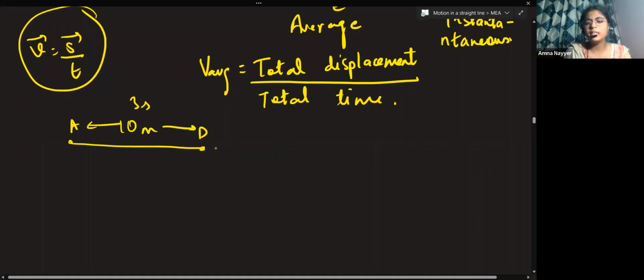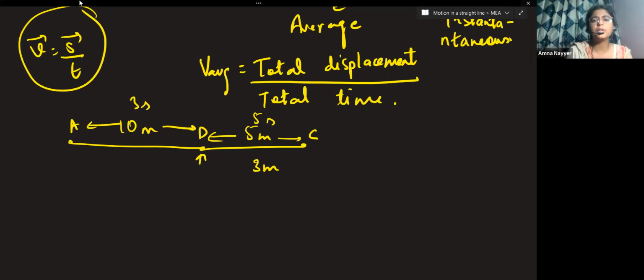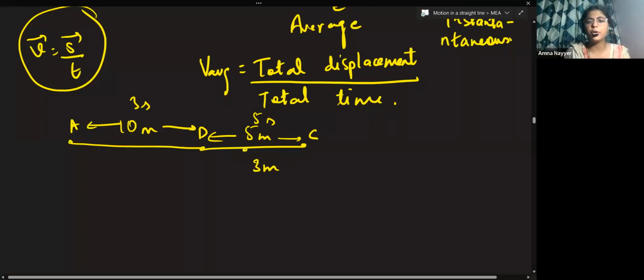Then from D the body went to C point, and let's say this is 5 meters and this was covered in 5 seconds. Then from C, the body returned back and stopped. This is the final point. Let's take some another point, say this B point over here, and this distance is 3 meters covered in 2 seconds.